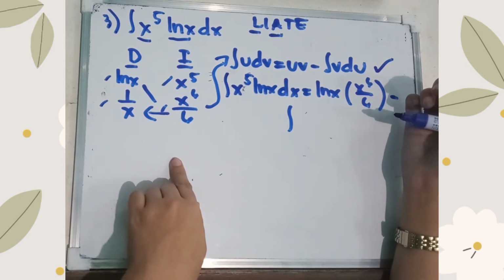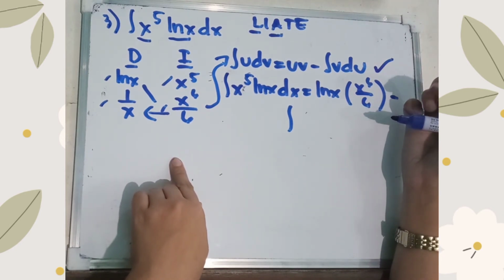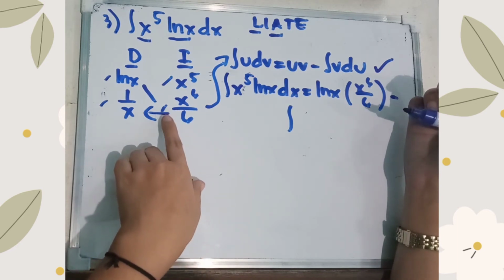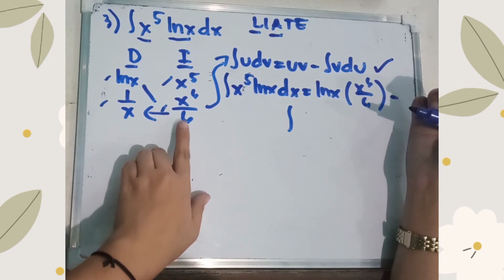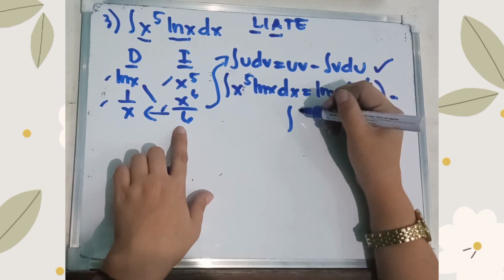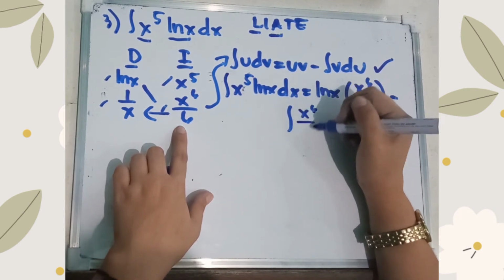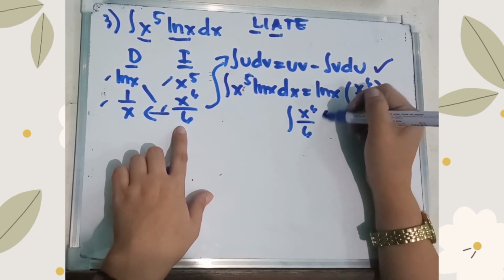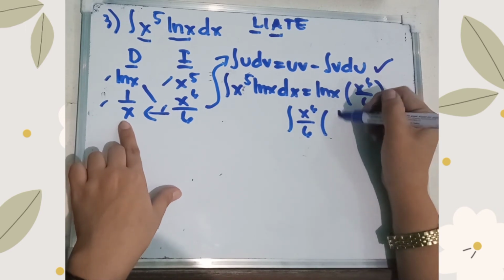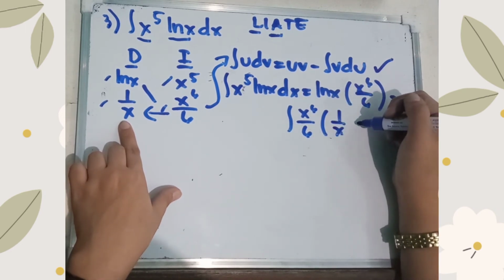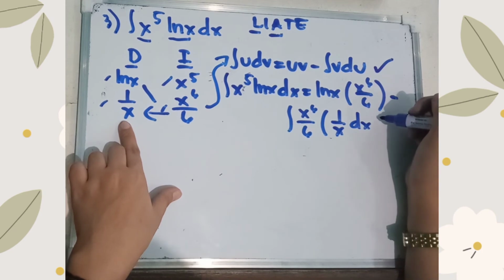So our v is this one, that is x raised to 6 over 6, times du, which is 1 over x dx, since we are now solving for the integral.